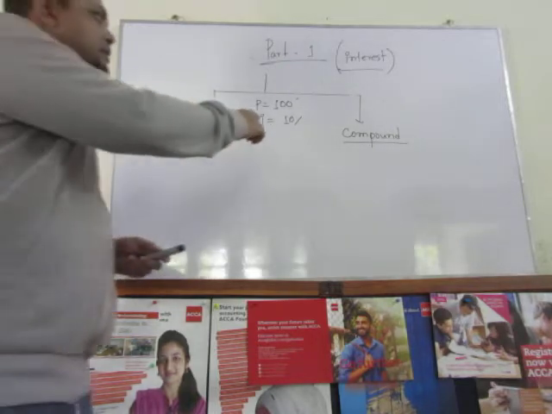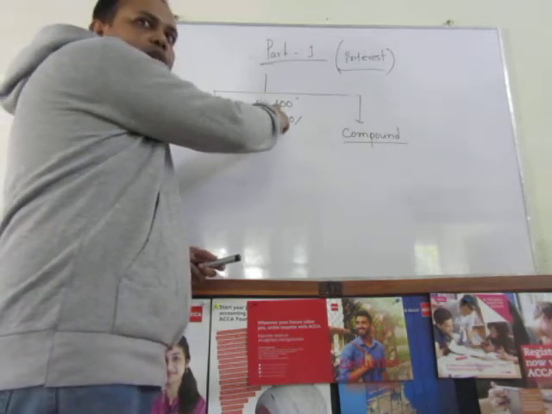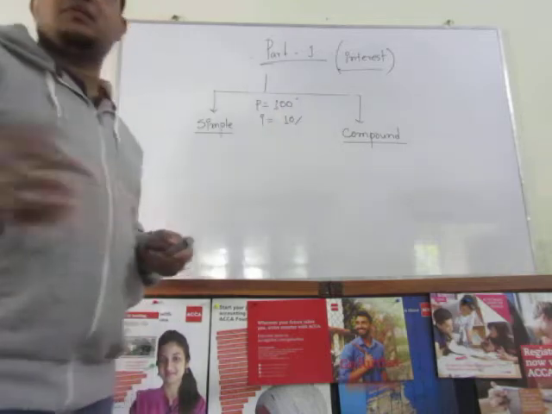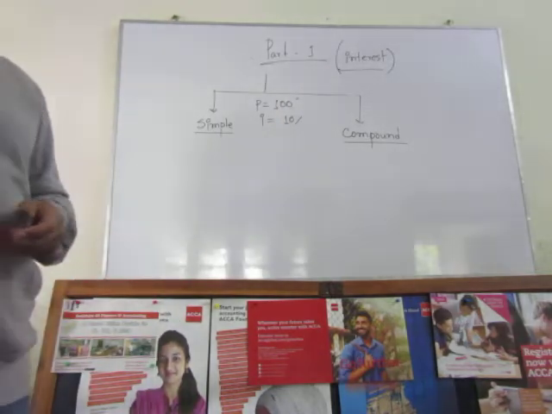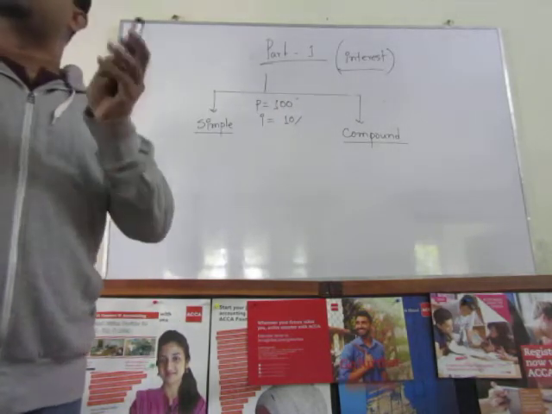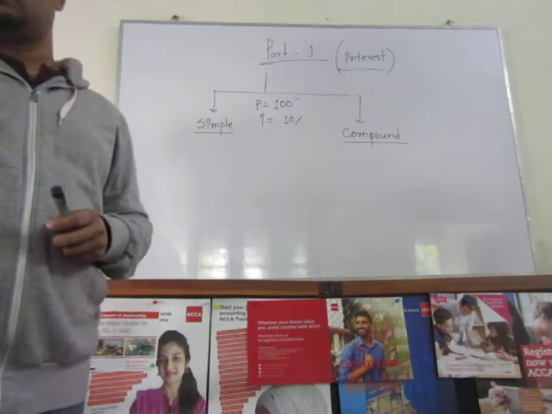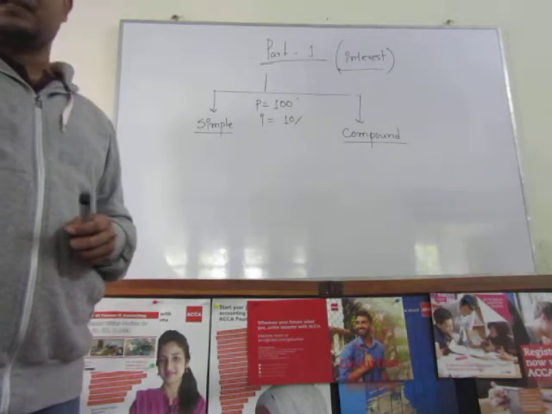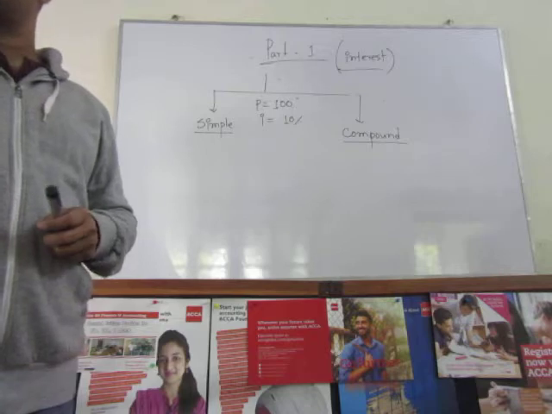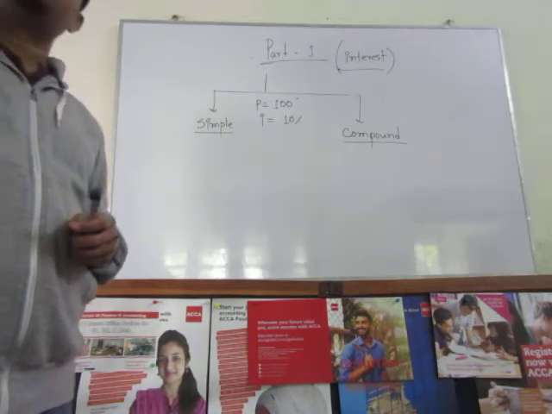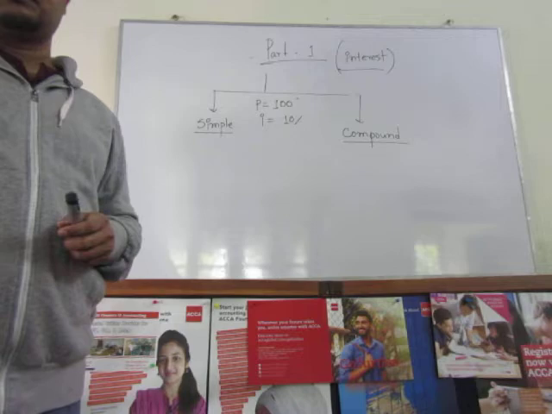That means 10% will be charged on the investment, which is $100. What is 10%? $10. So each and every year there will be $10 interest. That means we are charging a percentage of interest on a single amount of investment which was previously invested. Clear?